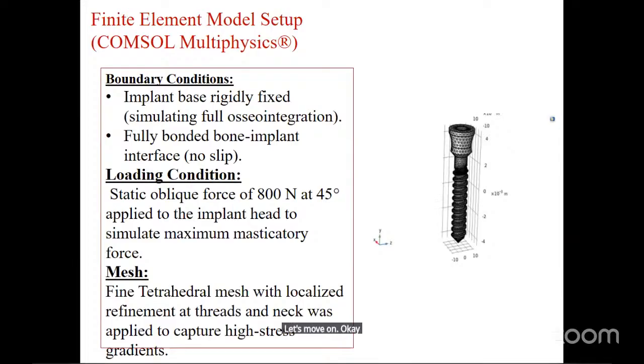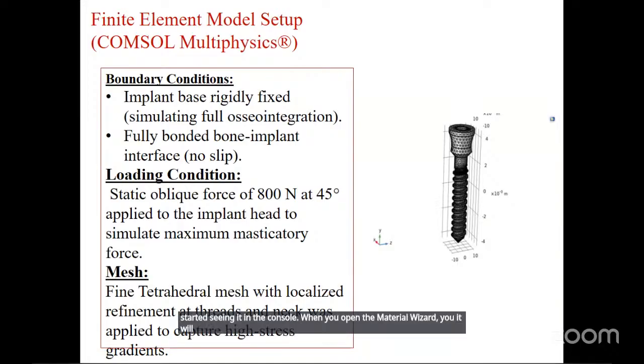Okay, this is COMSOL. I did not put the flow chart of COMSOL, but I have already started saying it. In COMSOL, when you open the material wizard, it will display its interface. One beauty of COMSOL is that whatever you are seeing is visual. The moment you are doing your material assignment, you'll be able to see the changes.